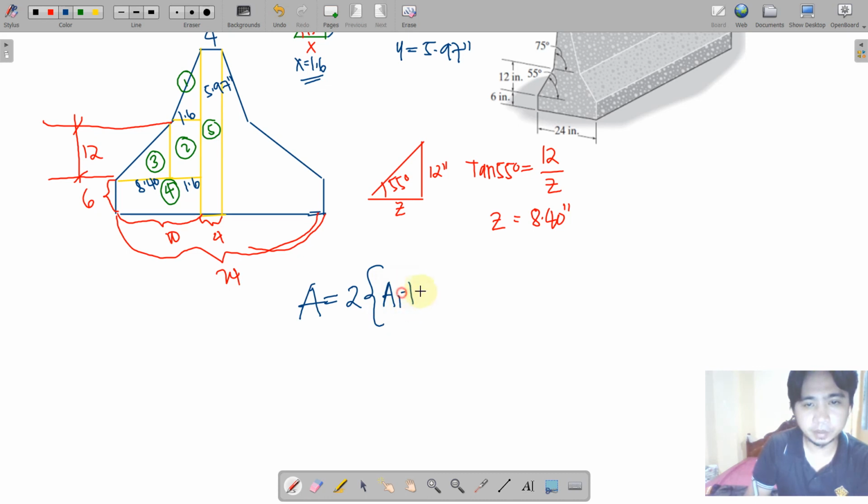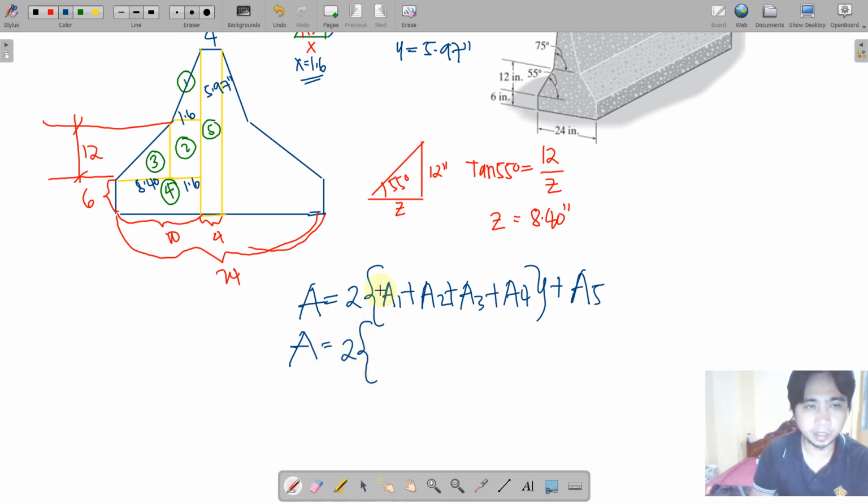Area 1 plus area 2 plus area 3 plus the fourth area. So these are the area to be twice or to be doubled because of the other side, and then a single area 5.